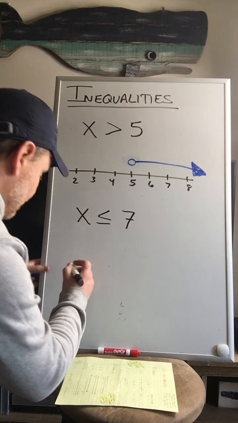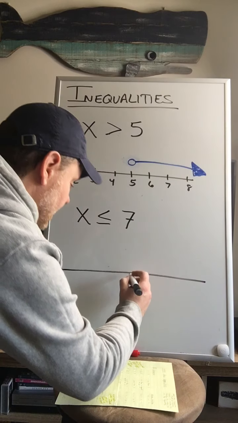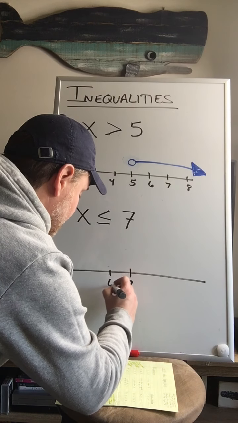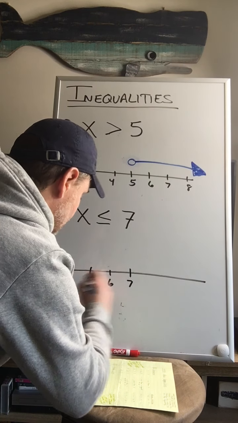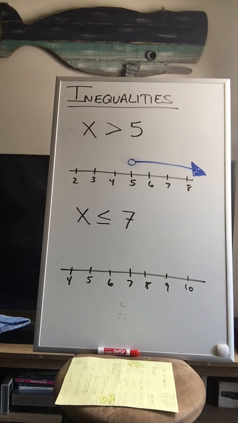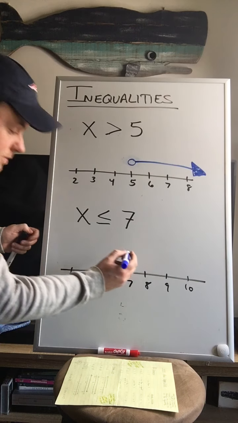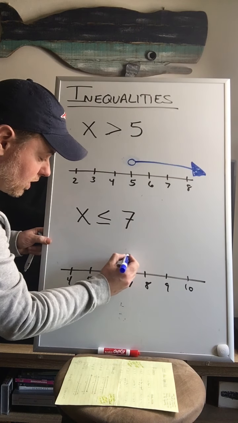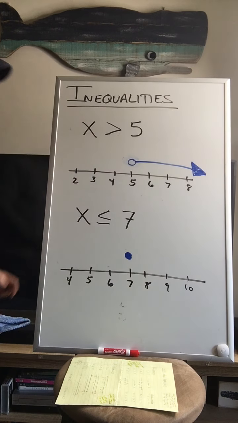Okay? For this one, make a number line. Again, make sure 7 is on the number line. Okay? So now I'm going to put a dot on 7. But since it's an equal to underneath, I am going to make it a colored in dot, because it includes 7.